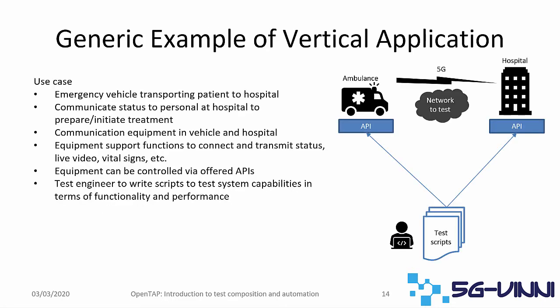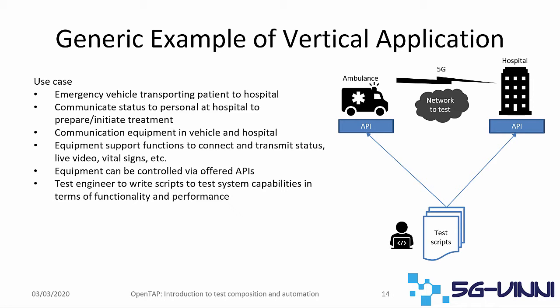Here we see an example of a use case where we want to create a test. The use case is: an emergency vehicle is transporting a patient to the hospital. The personnel in the vehicle wants to communicate the status to the personnel at the hospital, such that the personnel at the hospital can prepare or initiate treatment.